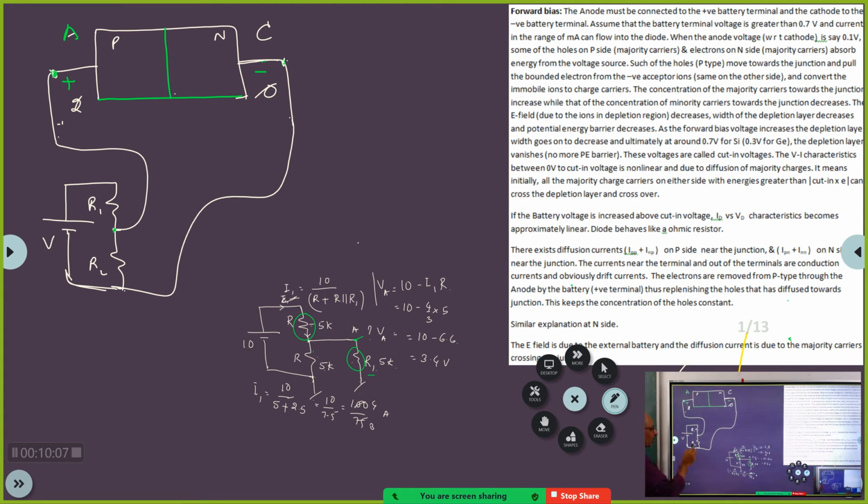It is forward biased, isn't it? So this is positive, and with respect to this the voltage is higher than this. With respect to this voltage, it is forward biased. Correct now?